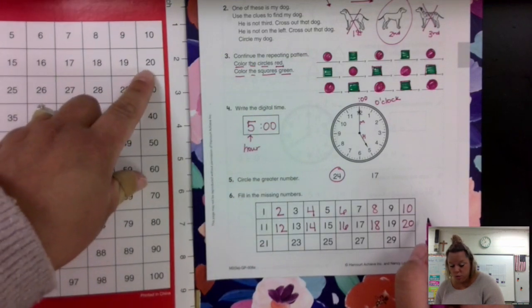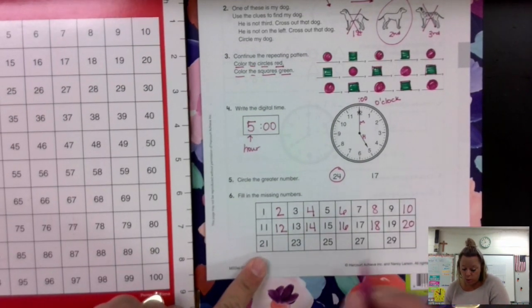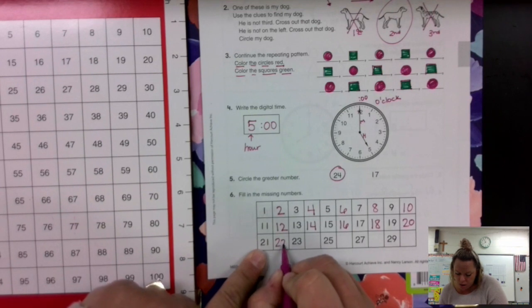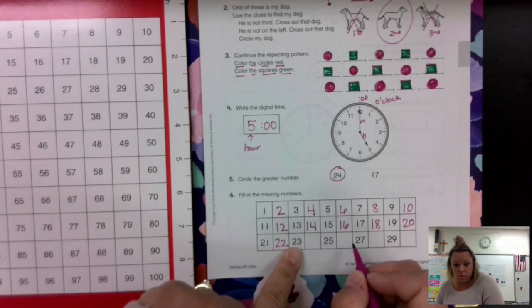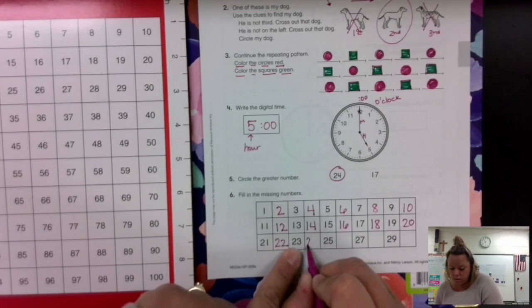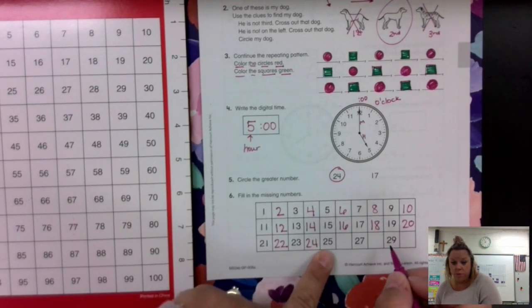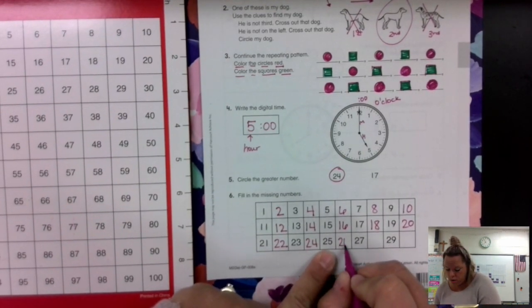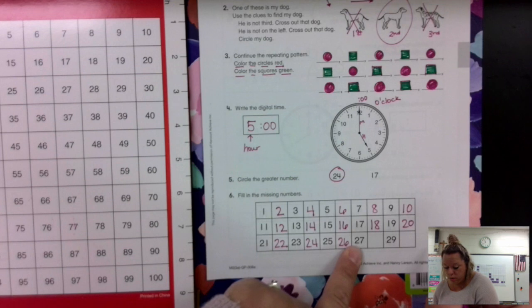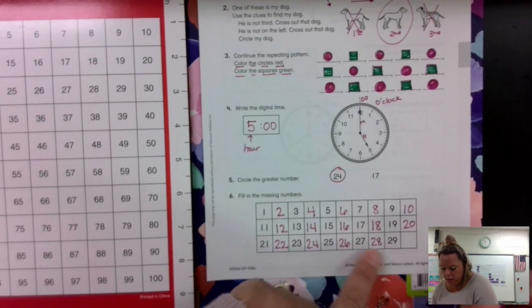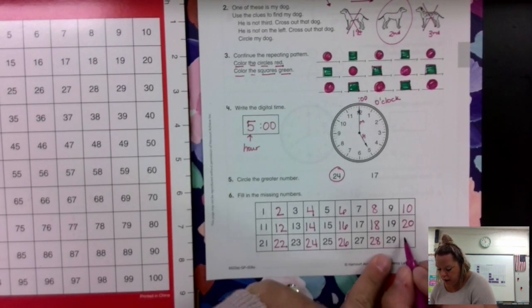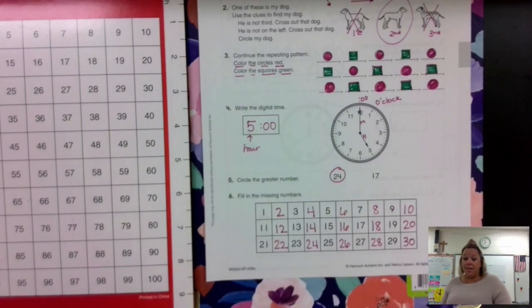After 19 comes 20. Okay, last row, 21, 22, 23, 24, 25, 26, 27, 28, 29, and 30.